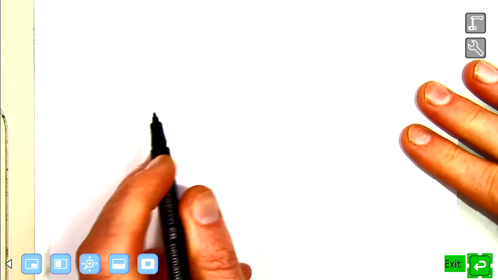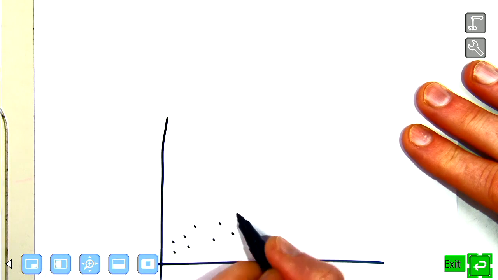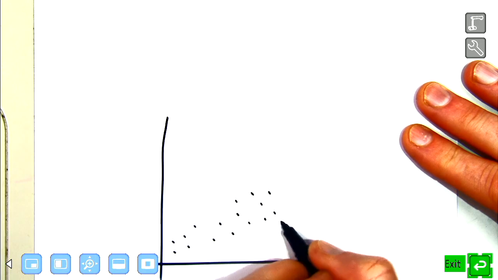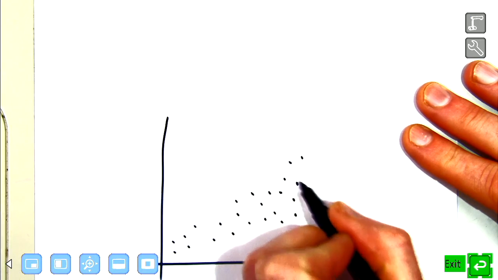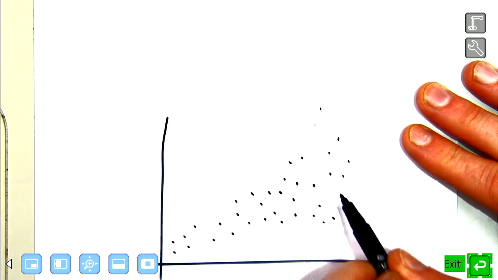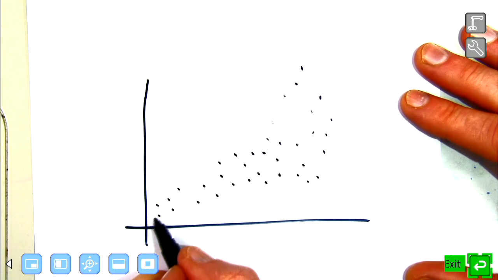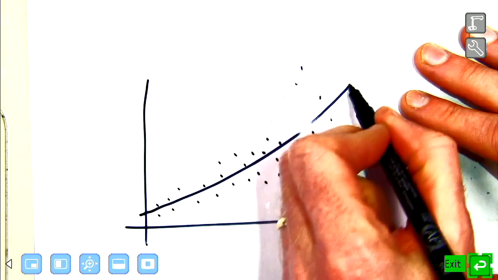Okay, so you might have data, and our data looks something like this. It probably goes up a bit quicker, like that. That might be our data, and we want to put a curve through this, all right?